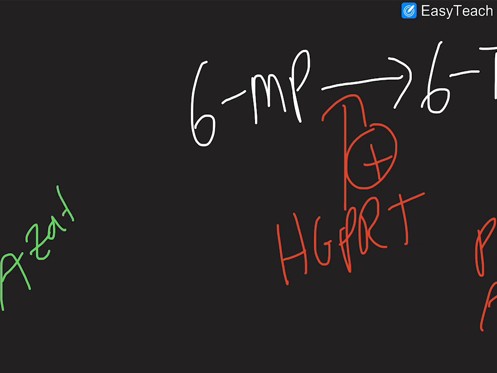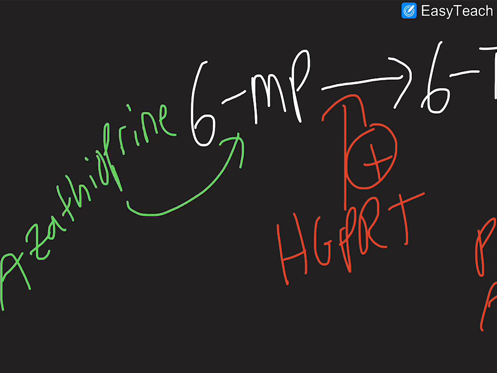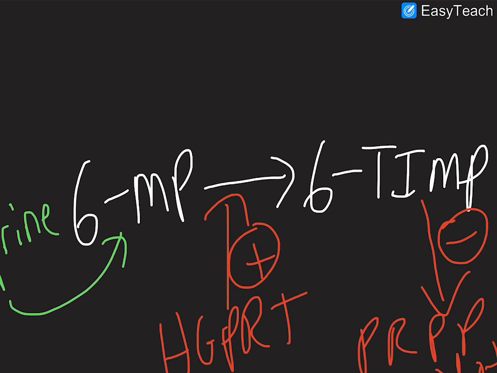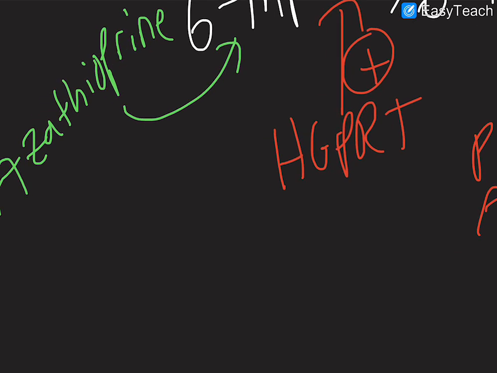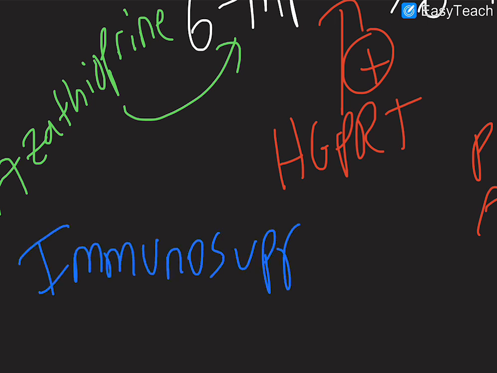Azathioprine. Okay, azathioprine. So I wrote all this out because there's one more thing that I want to talk about: you can give azathioprine or 6-mercaptopurine for things like, for example, leukemia, where you have to suppress the immune system. Okay, so again, you can use 6-mercaptopurine or azathioprine, right, for immunosuppression.